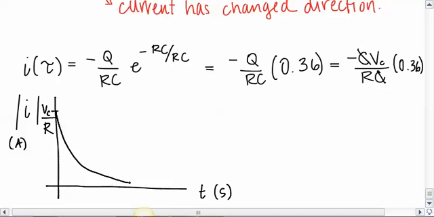Same old dying exponential decay looking thing right there. And so at one time constant, tau, again, we're at what, 36% of our original current? 36% of I naught.